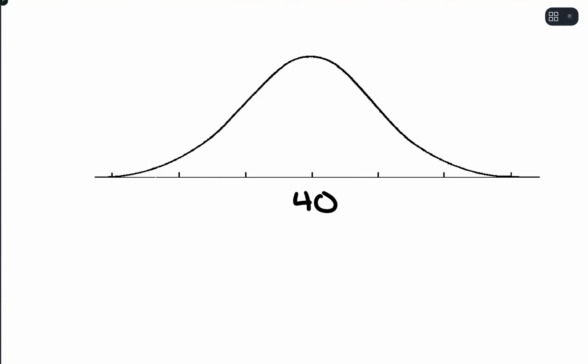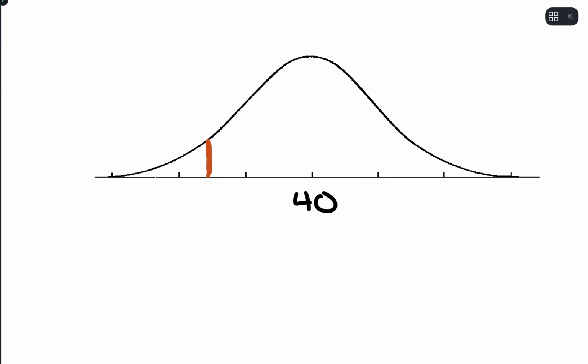I want to visualize this cutoff where 10% of the data is to the left, 90% of the data is to the right. Or in terms of area, 10% of the area is to the left, 90% is to the right. So the right-hand area is going to be huge, and that left-hand area is going to be fairly small. So I'm just going to draw a line kind of out here.